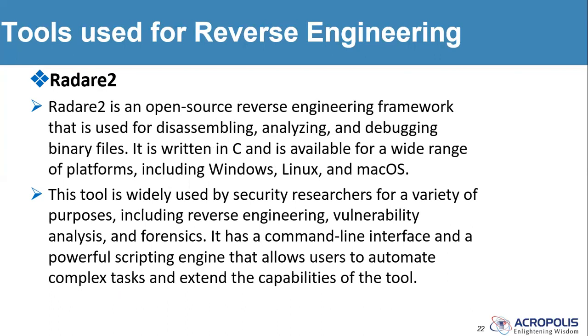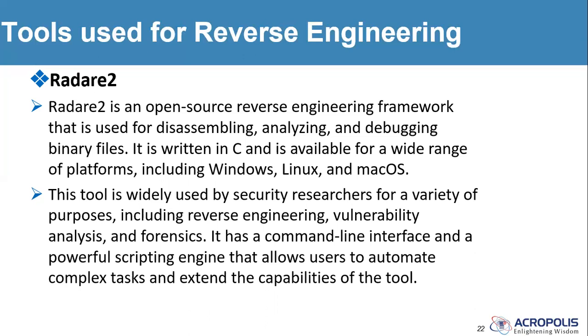Fourth, Radare2. Radare2 is an open source reverse engineering framework that is used for disassembling, analyzing, and debugging binary files. It is written in C and is available for a wide range of platforms, including Windows, Linux, and Mac OS. This tool is widely used by researchers and security researchers for a variety of purposes, including reverse engineering, analysis, and forensics.